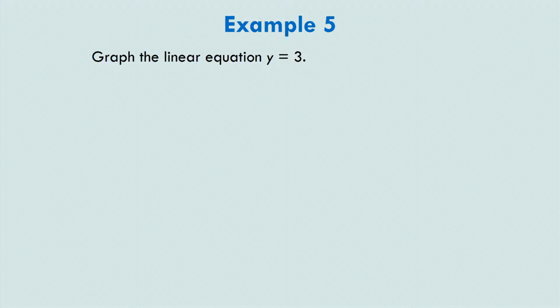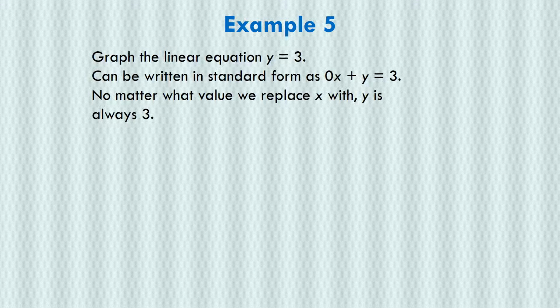So last two examples, we're going to talk about single variable linear equations. Here we have y equals 3. And so what y equals 3 means is that it was 0 times x. And 0 times anything makes it 0, and 0 plus anything is equal to itself. So therefore, 0x isn't represented.